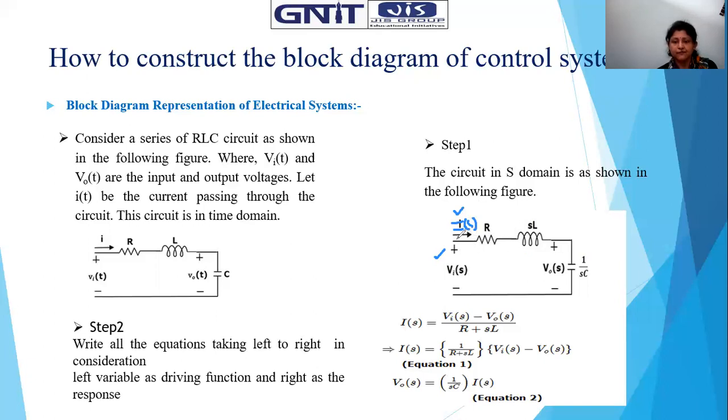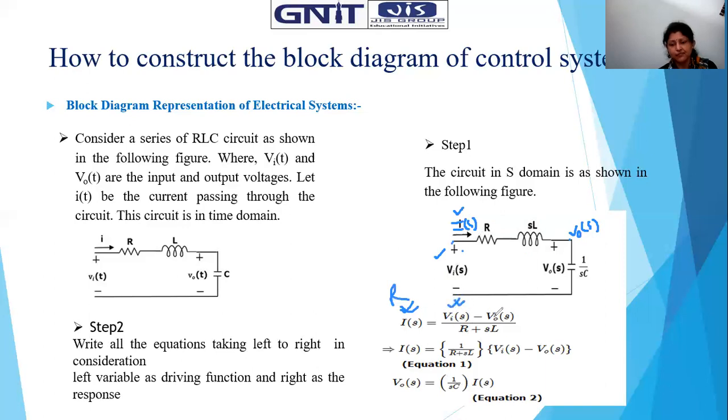If we consider that this one is the VIS node and this one is the VOS node, associated with the voltage VOS, then gradually if we progress, we can calculate the relation between VIS, VOS and IS. IS is the response, and this one is the driving voltage.